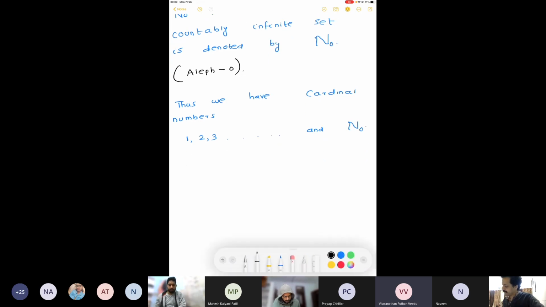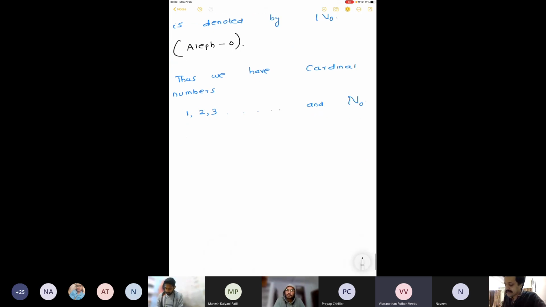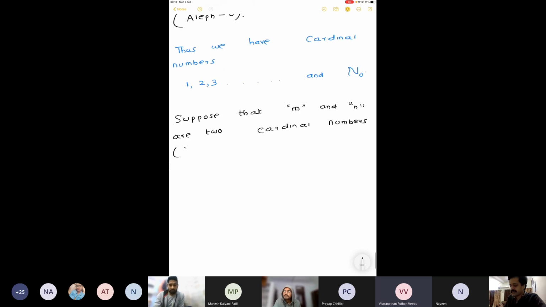Next, what we want to do is compare two cardinal numbers, m and n. Suppose that m and n are two cardinal numbers, finite or infinite, I don't bother. Maybe 1, 2, 3, etc., or it may be Aleph naught.